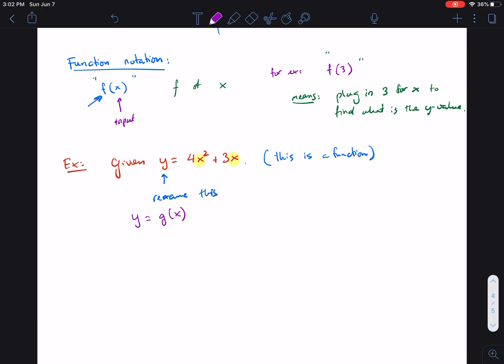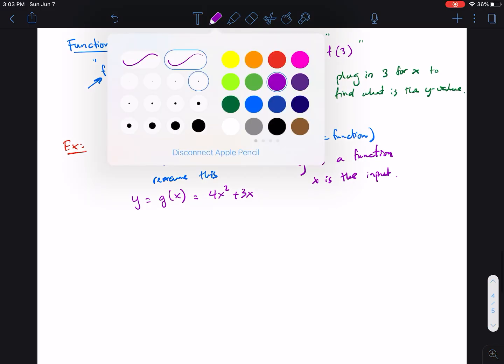So our equation now becomes: our G of x function is just 4x squared plus 3x. In short, we say G is a function, and x is the input. Sometimes you say this function g, this function f, this function h, just a short word to refer to this equation.